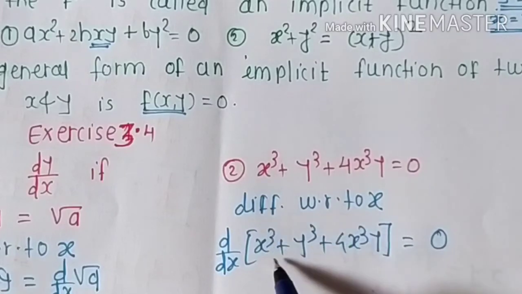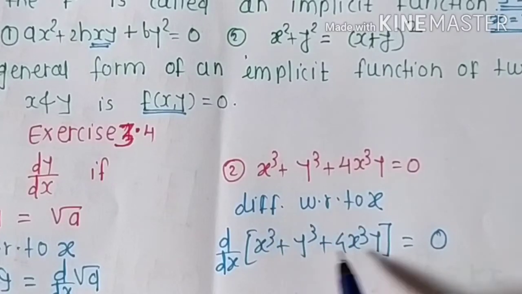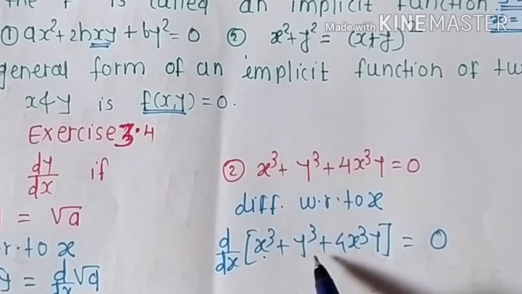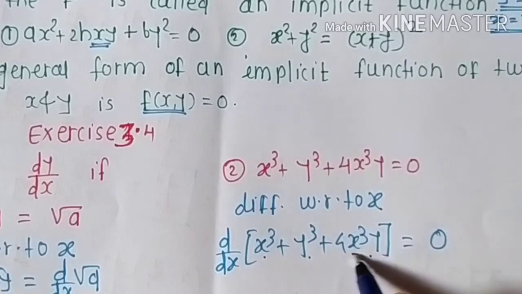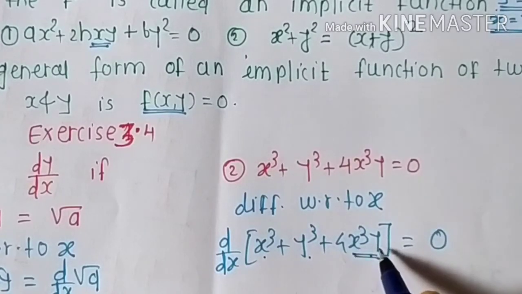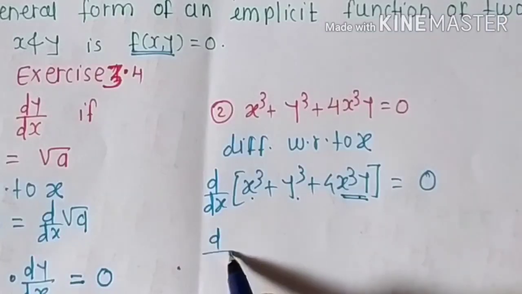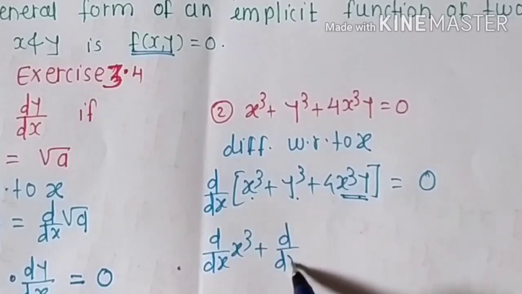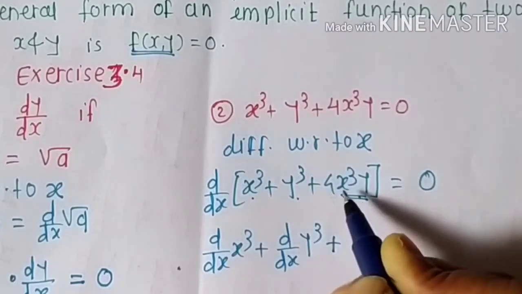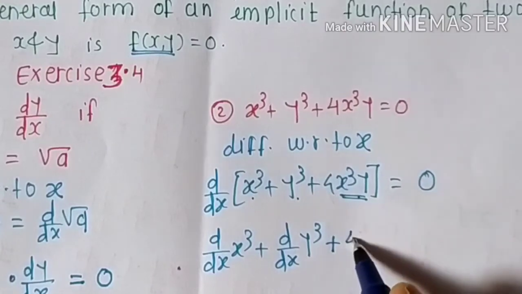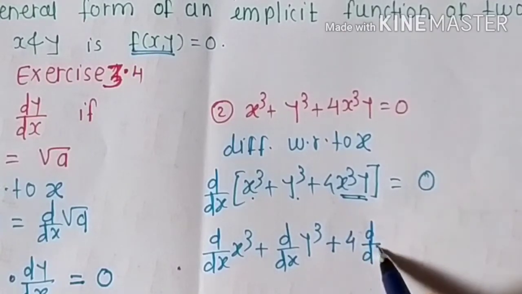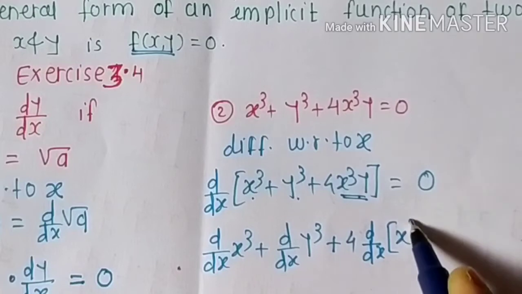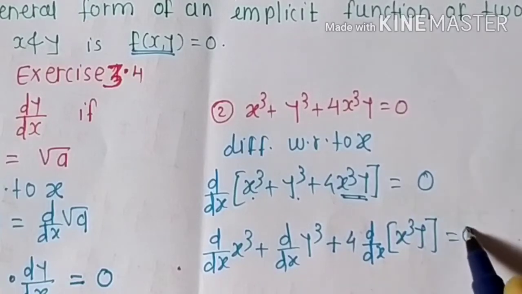Then we know that for u plus v plus w, we differentiate each term separately, and when we differentiate here there exists a product term, so we have to apply the product rule. Then d by dx of x cube plus d by dx of y cube plus, we take the constant outside the differentiation, into x cube y is equal to 0.